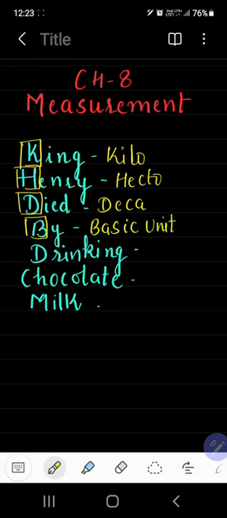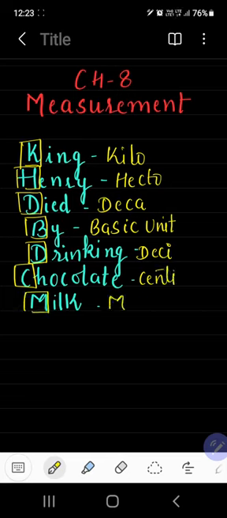I will tell you. First just see all the prefixes of the metric measure units. D is deci. C is centi. And M is milli. Right? So these prefixes you have to learn. These are the prefixes of metric measure units.